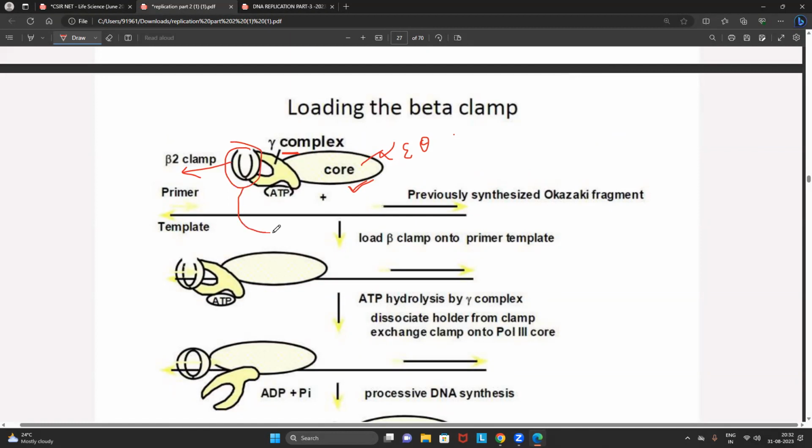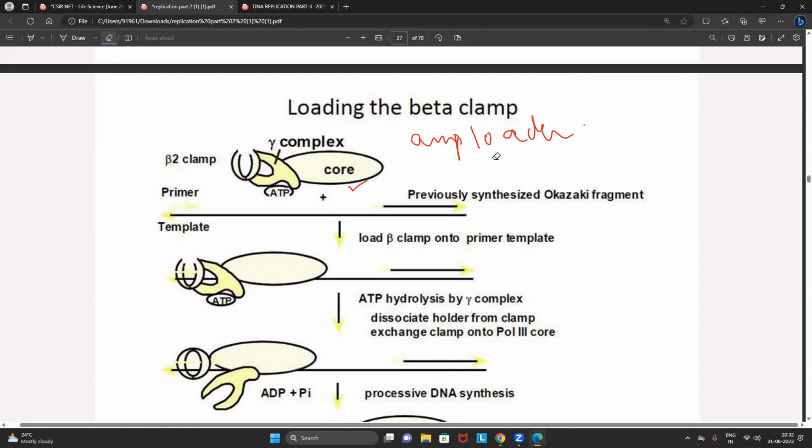Do you think the beta clamp would directly go and attach to the core enzyme? No. In between the beta clamp and the core enzyme, what is present? The gamma complex is present. That gamma complex we call the clamp loader. You can see the picture very clearly. Initially, the beta clamp will come and attach to what, friends? The gamma complex. It never attaches to the core enzyme.